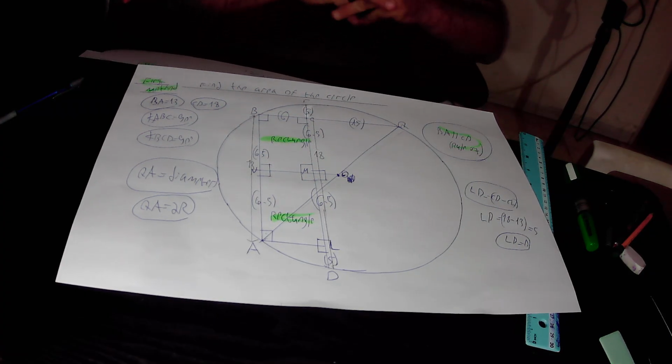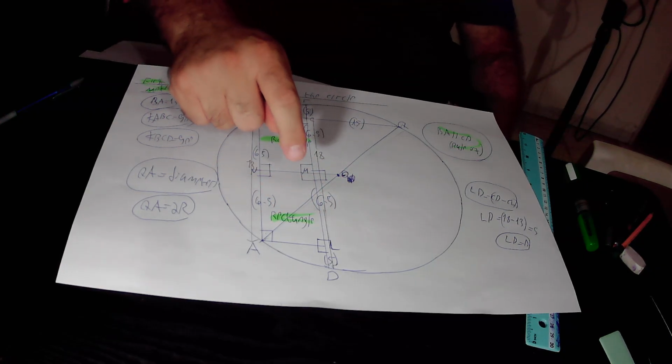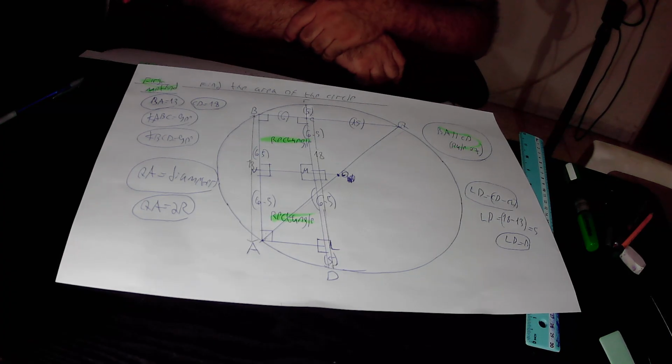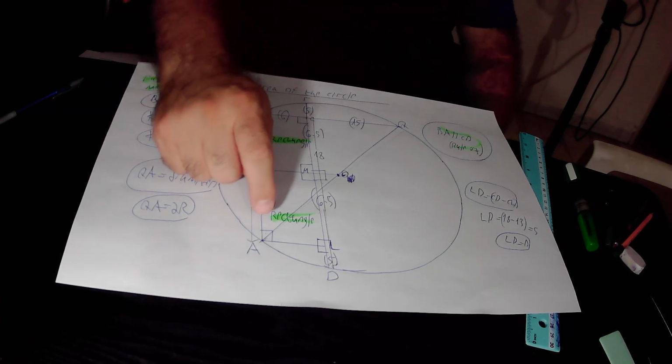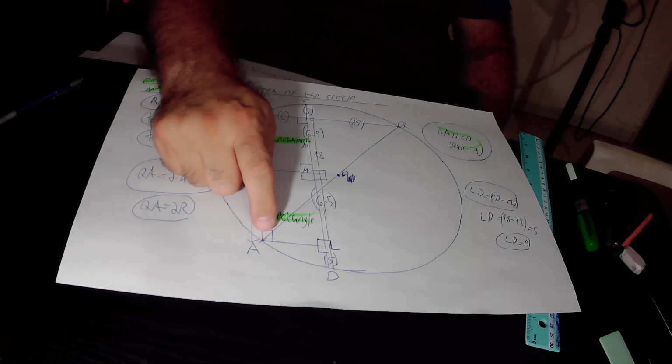So in quadrilateral MNLA we have 3 right angles. The sum of 3 right angles is 270 degrees. So 270 degrees plus the size of this fourth missing angle, in total they must be equal to 360 degrees according to the rule that the sum of the angles in any quadrilateral is equal to 360 degrees. And therefore this fourth missing angle must be equal to 90 degrees in its size.